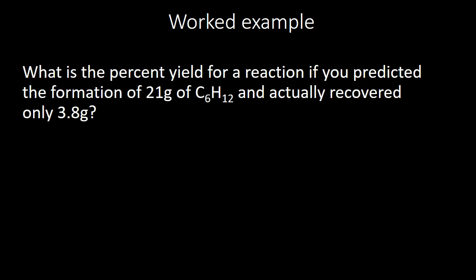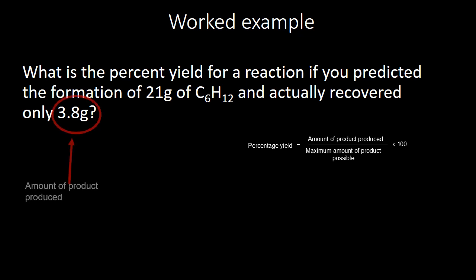So let's look at a worked example of percentage yield. What is the percent yield for a reaction if you predicted the formation of 21 grams of C6H12 and actually recovered only 3.8 grams? Okay, so we're just going to do it step by step, bearing in mind our formula. Amount of product produced and maximum amount of product possible.